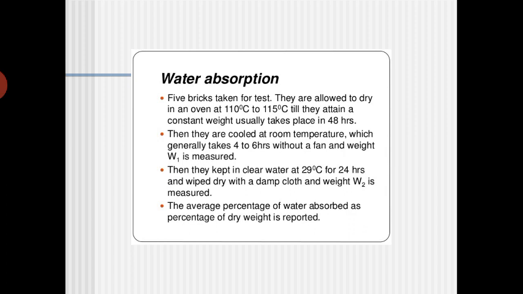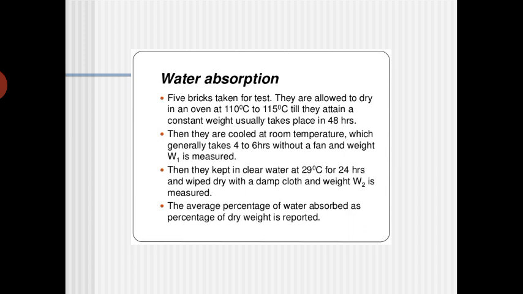Before immersing into the water, make sure that they are completely dry. So how to make them dry? You keep them in an oven, and you can maintain the temperature of 110 to 115 degrees centigrade for about 48 hours.